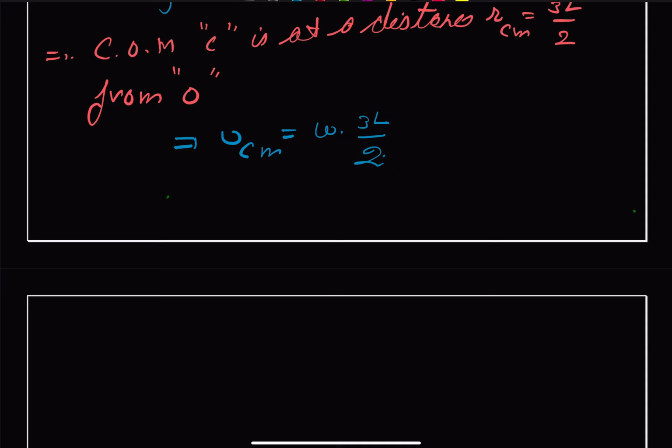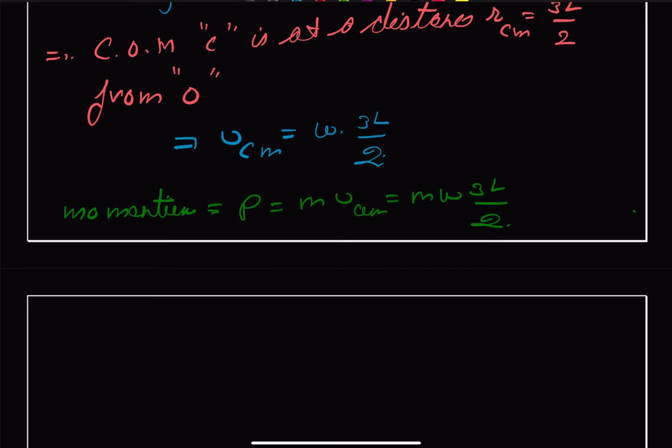And our momentum, that is our P, will be equal to mass into velocity of center of mass, which comes as m omega 3L by 2.